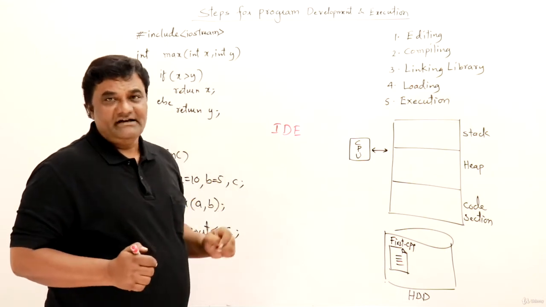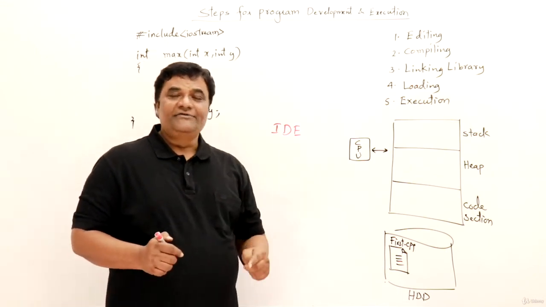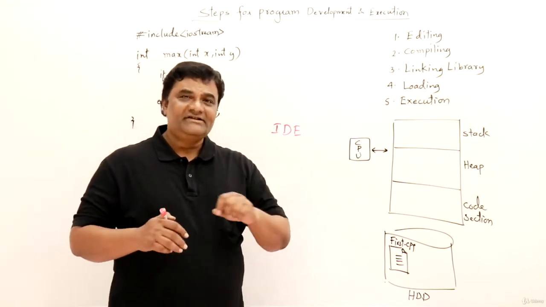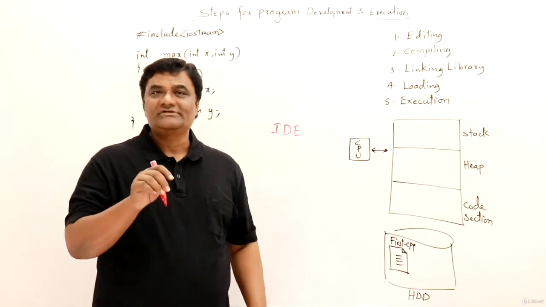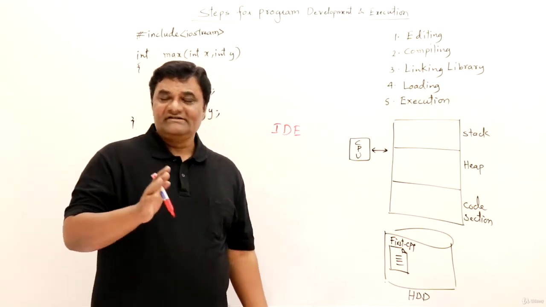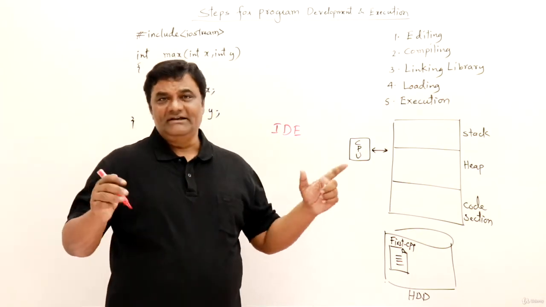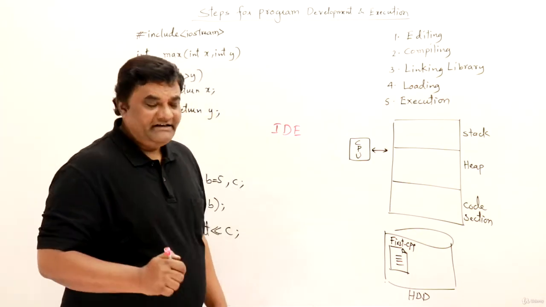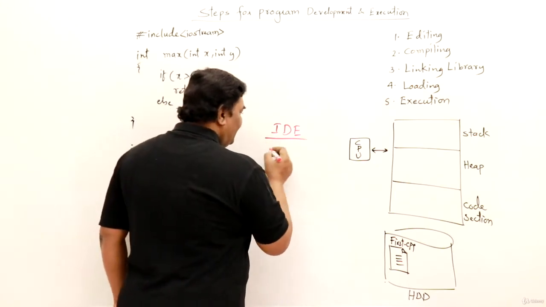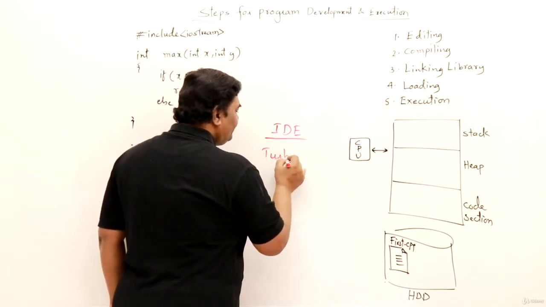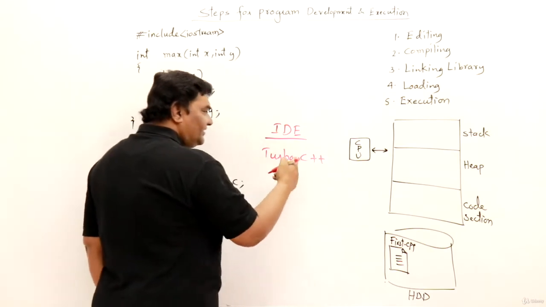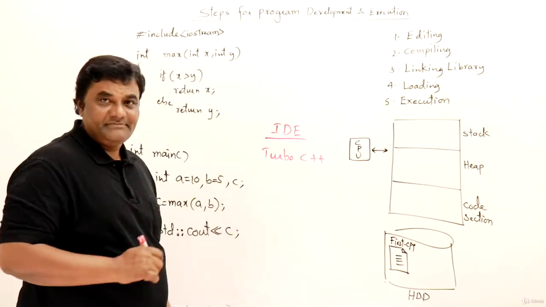So we use IDEs for programming, whether it is C language, C++, Java, any language. For every language, there is a different IDE available, and some IDEs are there for all programming languages. To name a few IDEs, for C++, we have Turbo C++. This works for C language as well as C++.